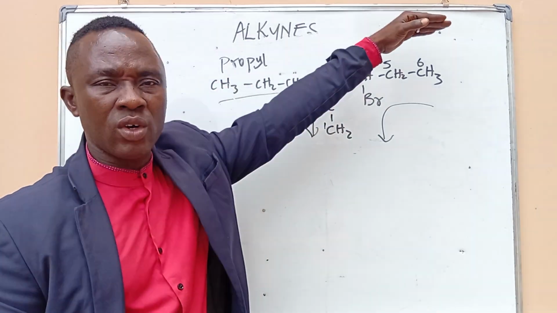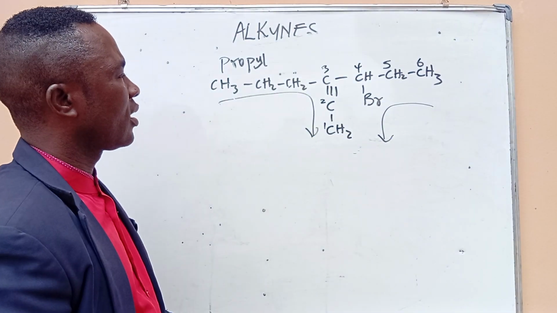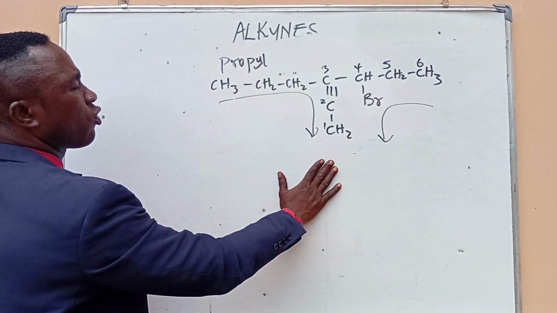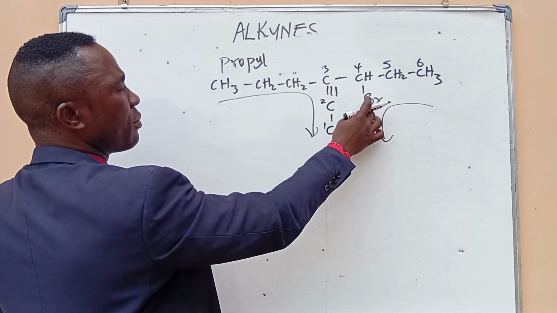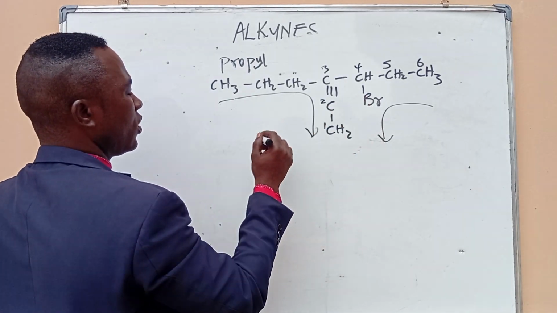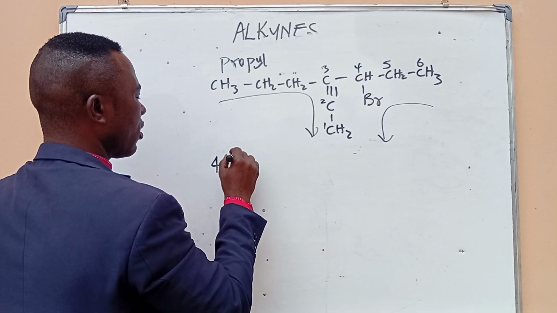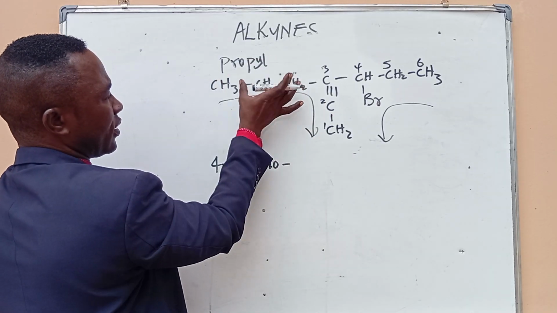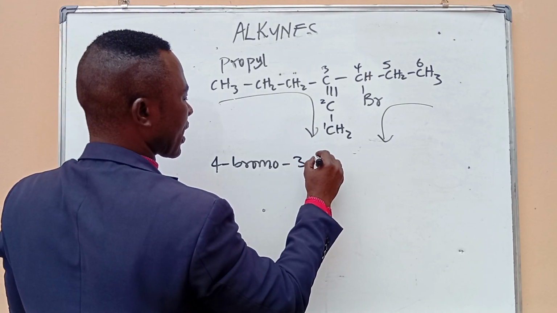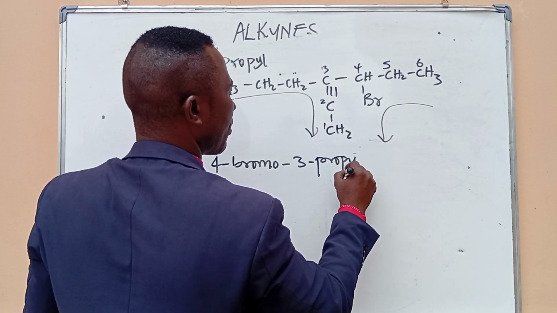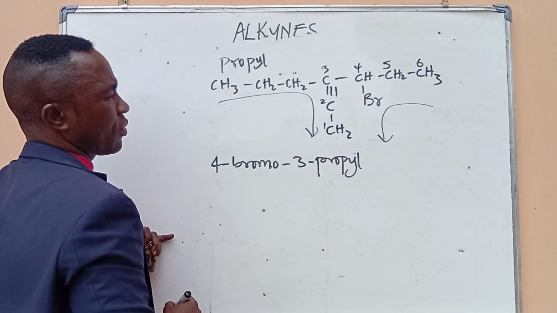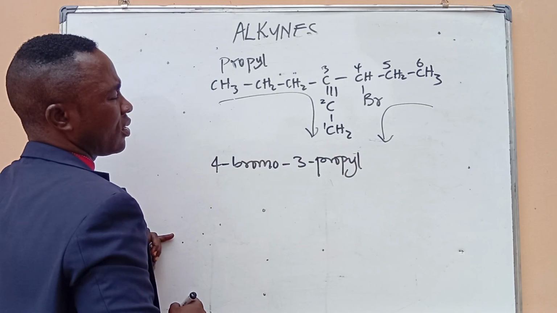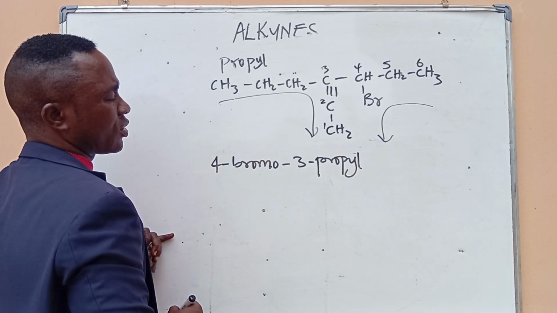That is why we favored this numbering. Now, if we are to name, the bromine is at number 4. So this is 4-bromo. The propyl is at number 3. So this is 3-propyl.